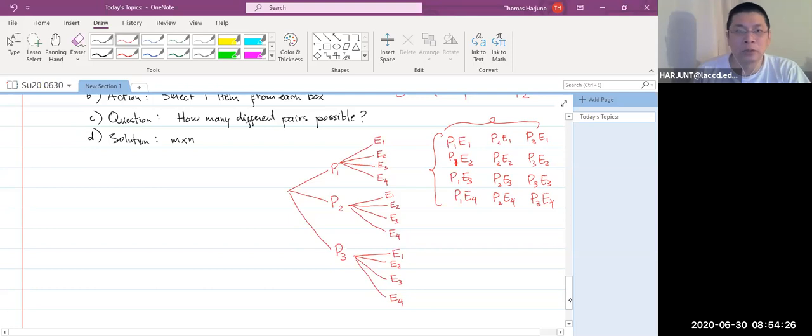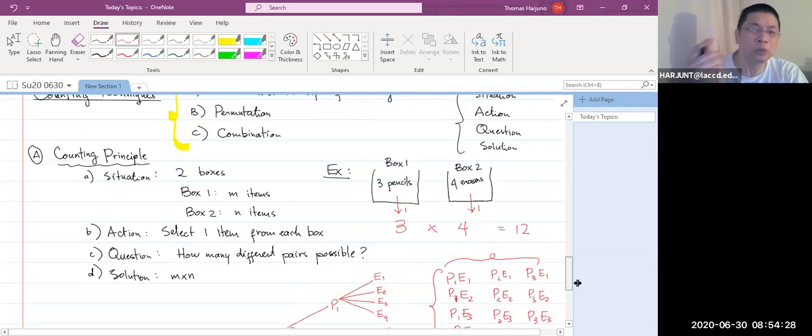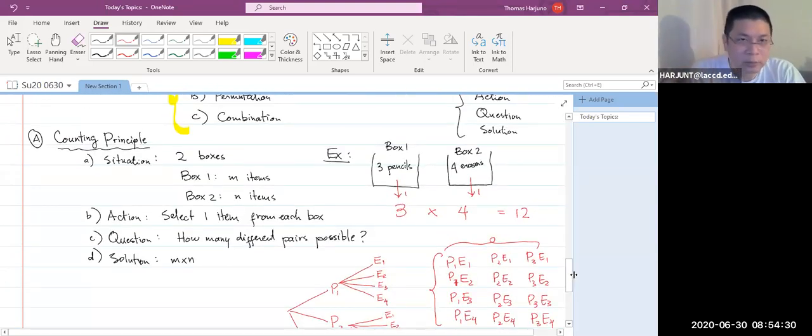Okay, so you see that the situation is we start from many boxes, more than one box, and from each box you need to select one item. So you get one from here, you get one from here.